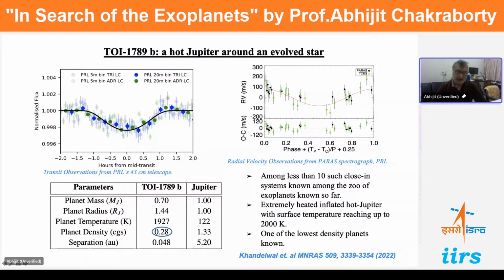So therefore this one's density is 0.28. That shows how different exoplanets are formed. The environment of formation of exoplanets around stars is very different from system to system, and having a common theory is extremely challenging.